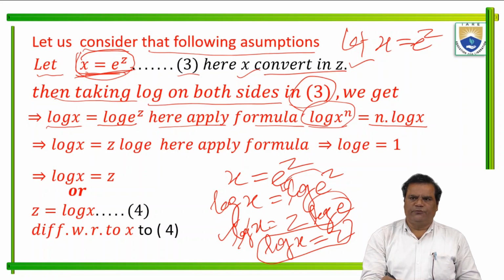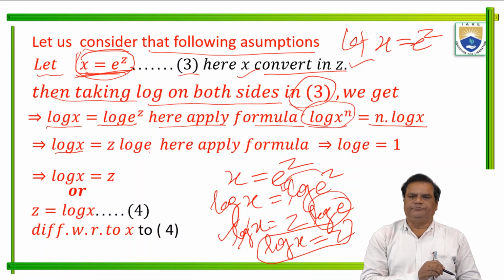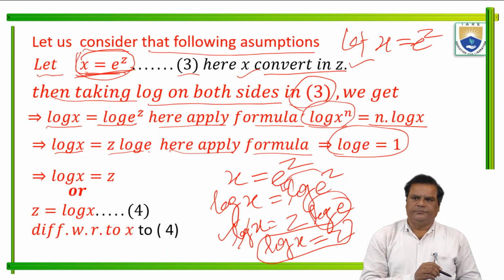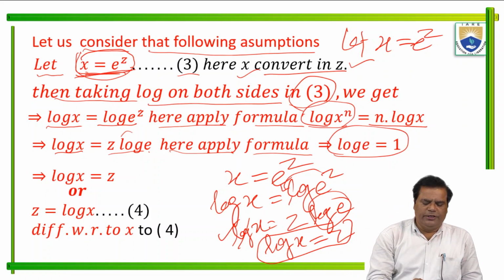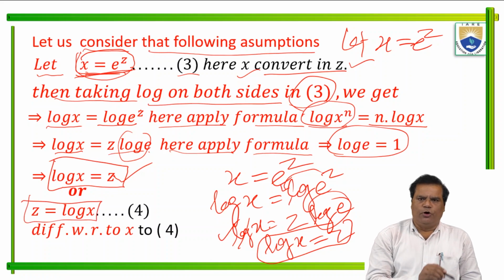So log x equals z log e, because e to the power z. Apply the formula again: the value of log e is always 1. So putting log e as 1, we get log x equals z, or we can say z equals log x.